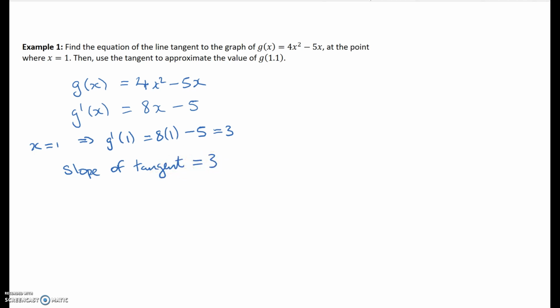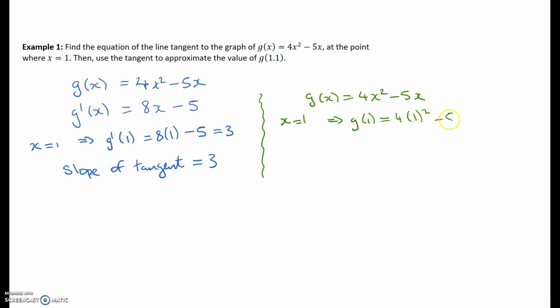We also need to find the point of tangency, the point where this line strikes the graph. And for that we go back to the original function, g of x is equal to 4x squared minus 5x. We've done this before when we were getting equations of tangents. Now when x is equal to 1, g of 1 is equal to 4 times 1 squared minus 5 times 1, that's 4 minus 5, which is negative 1.